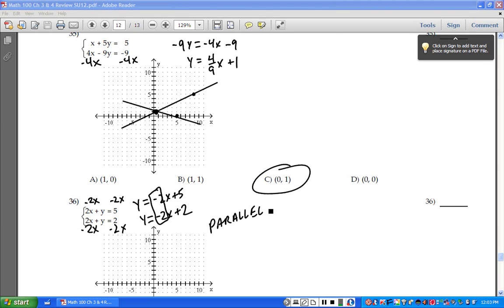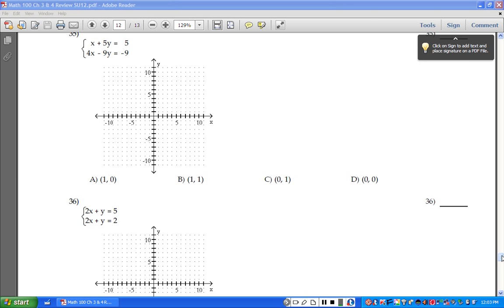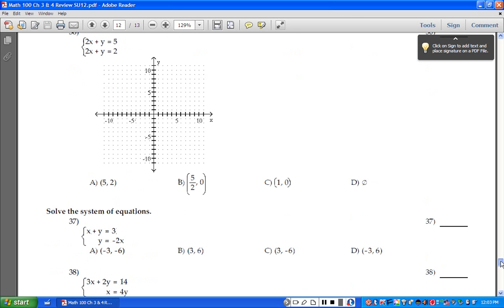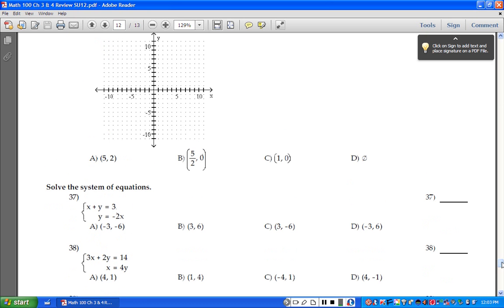Alright, and we know parallel lines have no solution because they will never touch each other. So these lines are parallel. Then we know the answer would be no solution. Alright, I'm not going to go through actually graphing them. We should be able to graph the lines by now.